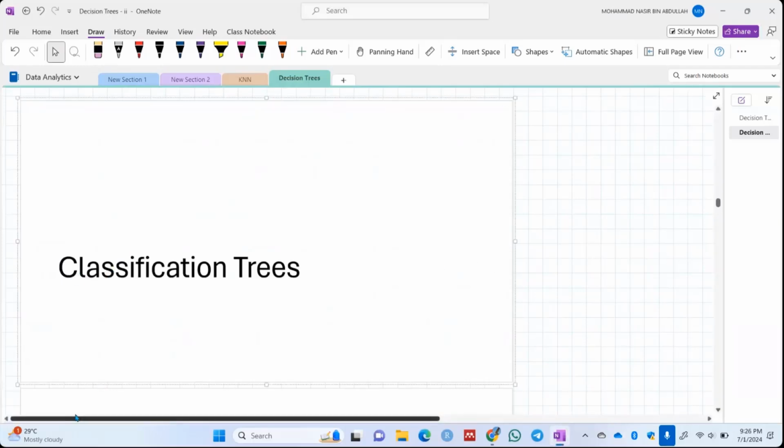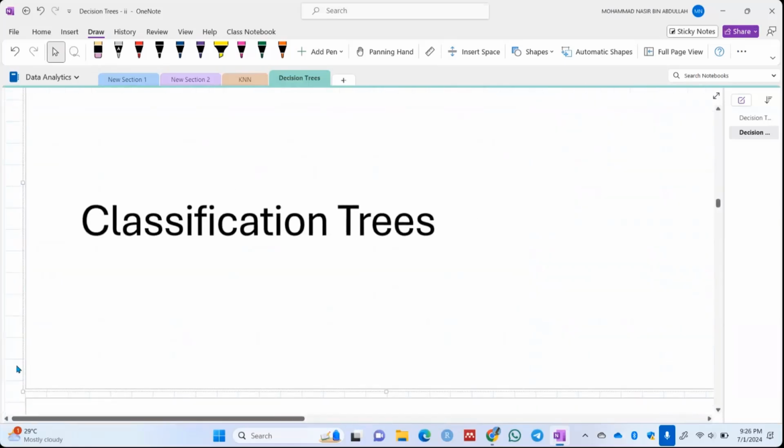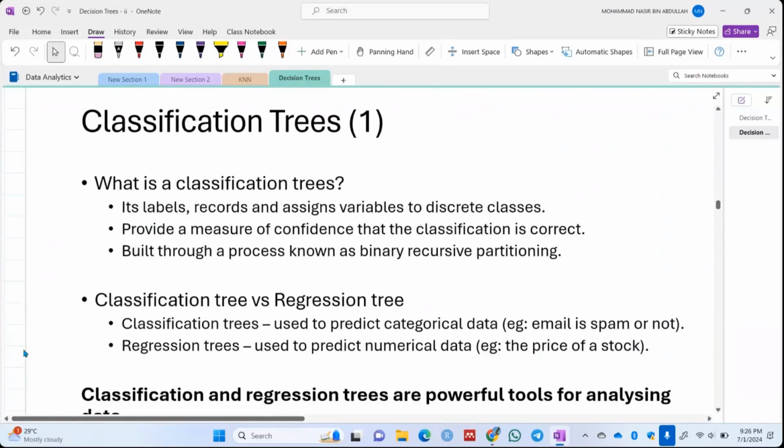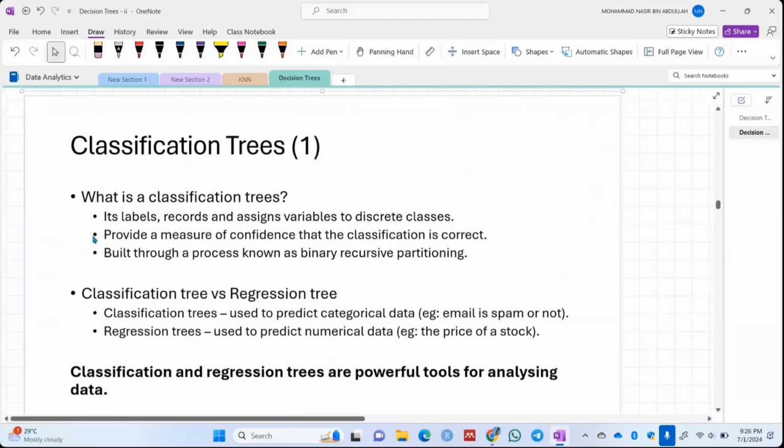Just now we looked at regression trees. Now we continue with classification trees. So what are classification trees? A classification tree is used when you have categorical predictor data and we want to predict categorical data.